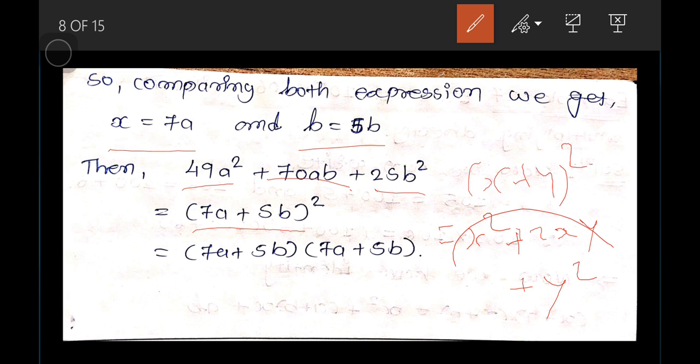We can take x and y and put them in this formula. So directly (7a plus 5b) all square.